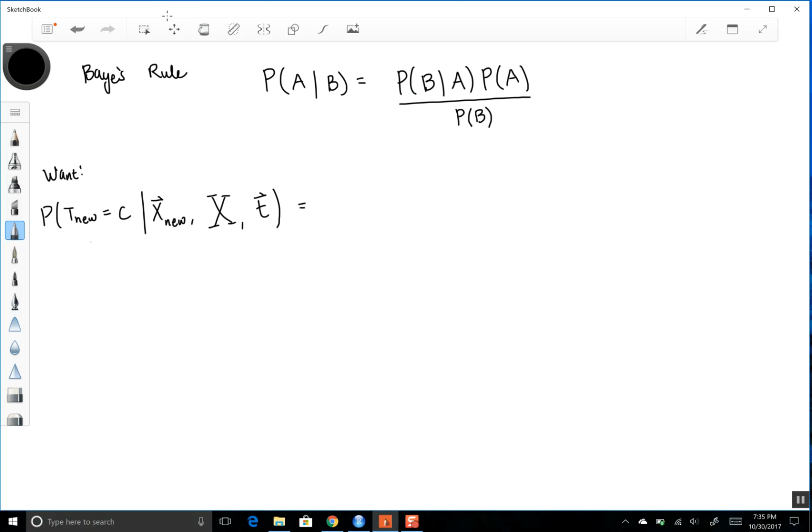So this is going to be our A, and this is going to be our B. So this will be the probability of X new, given A, that T new is in class C, given our training X and our training T, multiplied by the prior, the probability that T new belongs to class C to begin with, given our training data.